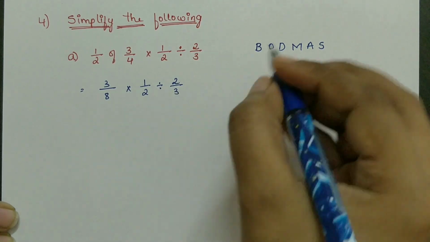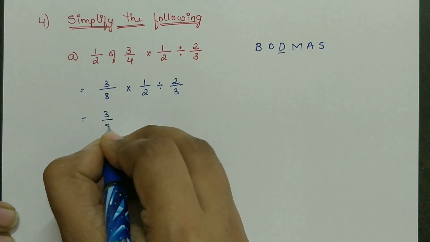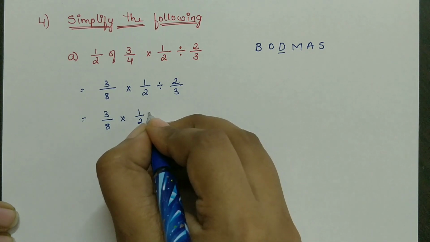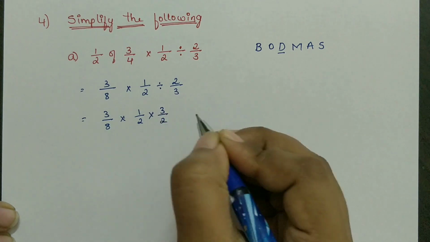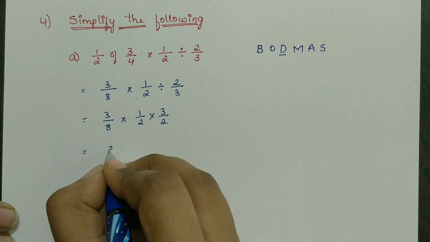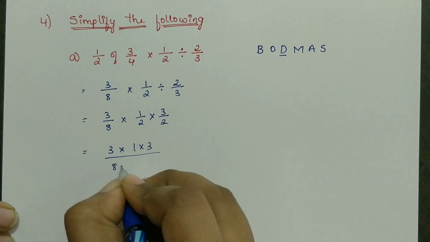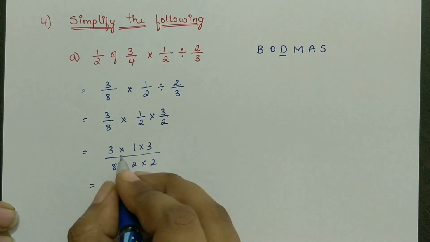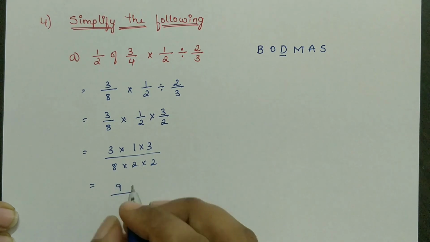Multiplication and division: first we do division. 3 by 8 into 1 by 2 into the reciprocal of 2 by 3, which is 3 by 2. Equal to 3 into 1 into 3 by 8 into 2 into 2. Equal to 3 threes are 9, 2 twos are 4, 8 fours are 32.